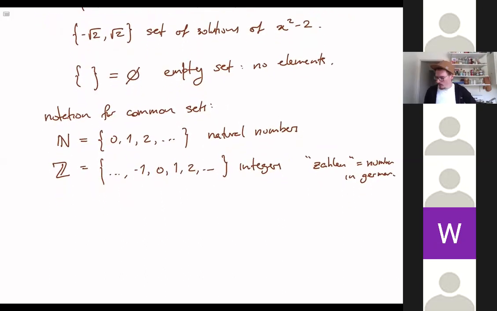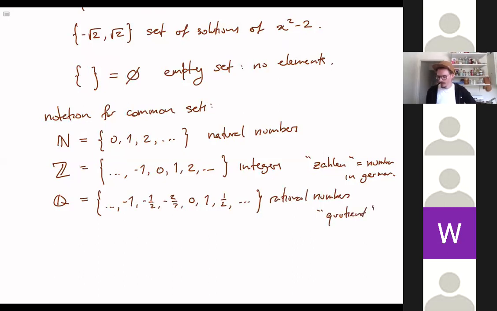What else do we have? We have Q, which is double struck like that, which is the rational numbers. I don't know if I have a great order to write them down, but -1, also -1/2, -2/3 and stuff. Then positive rational numbers. Q stands for quotient, because they are quotients of integers.